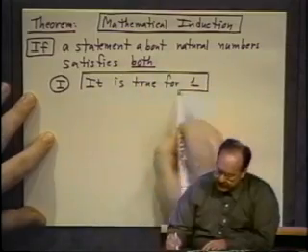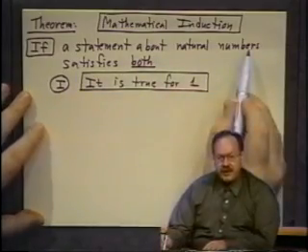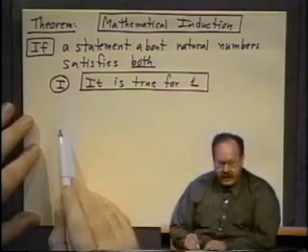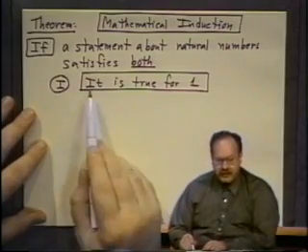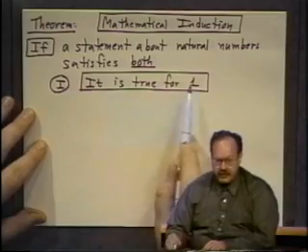I'll box that in. So we have a statement about natural numbers. If it satisfies both of the following Roman numerals, the first is that the statement is true for the number 1.